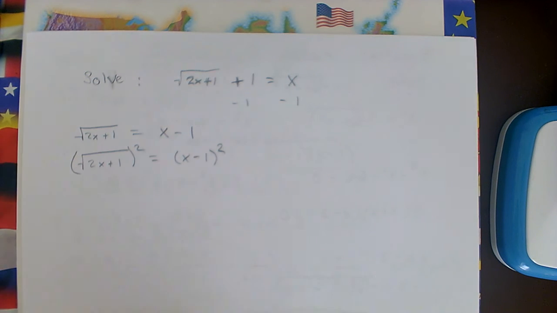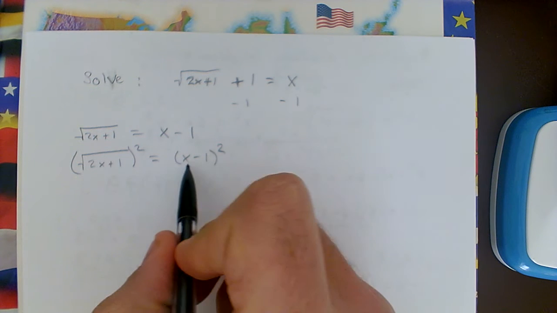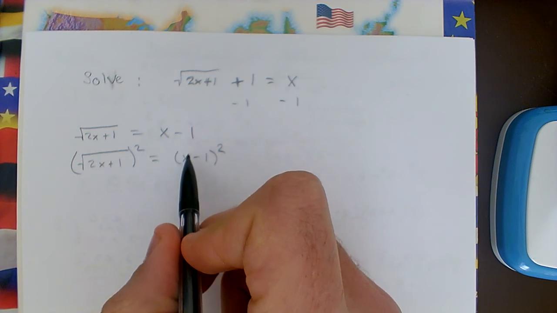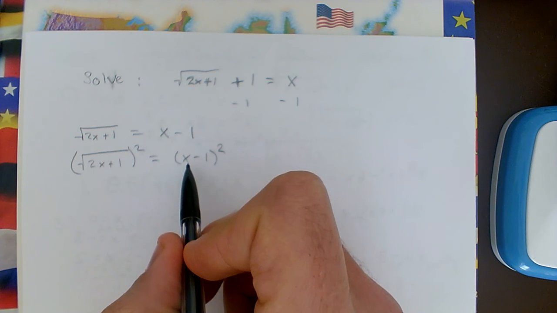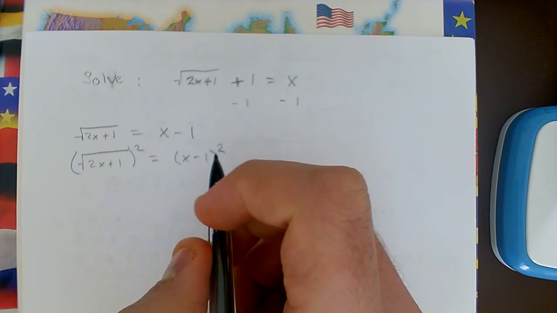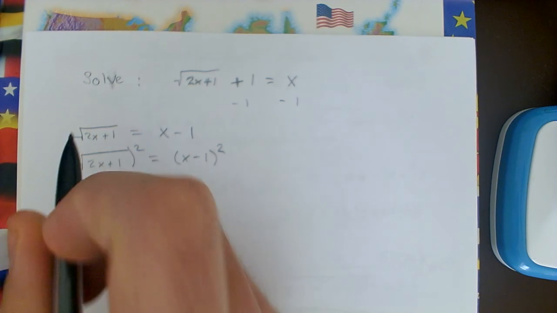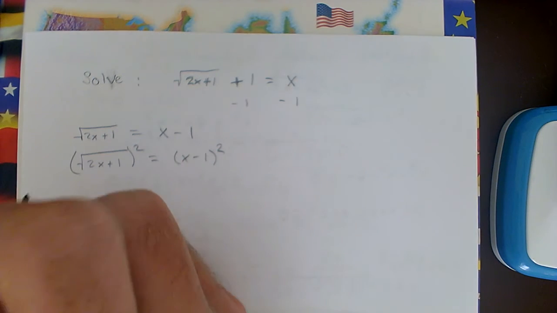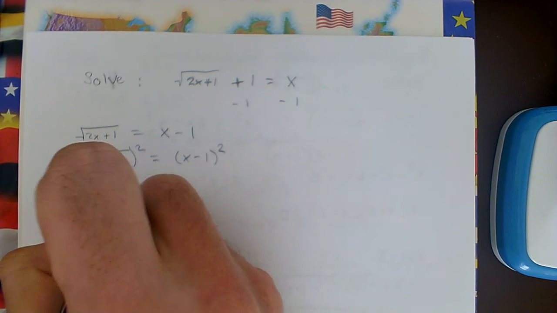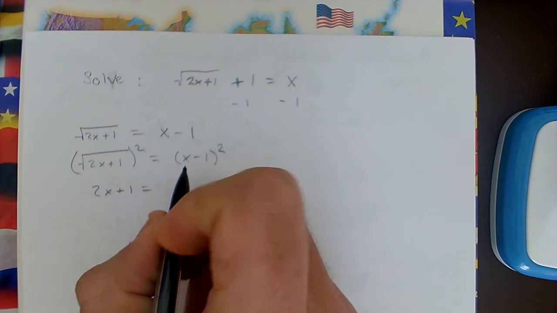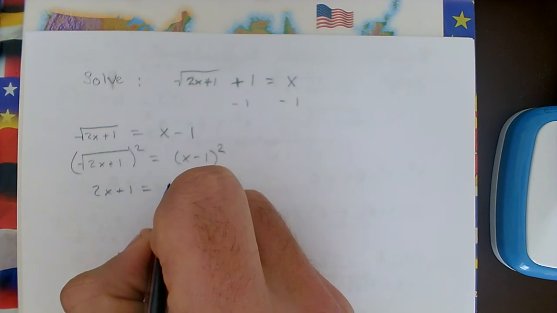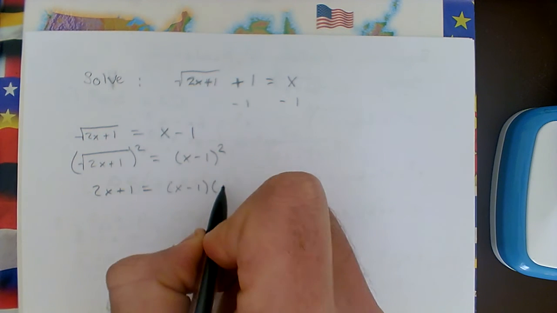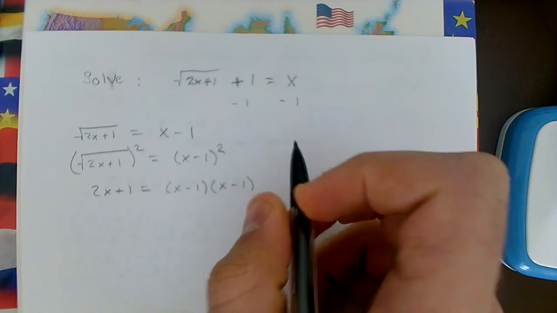Remember, this term you have to FOIL out. This is not x squared minus 1 squared, right? This one simplifies because the square root and the squared cancel, so we get 2x plus 1 equals x minus 1 times x minus 1.